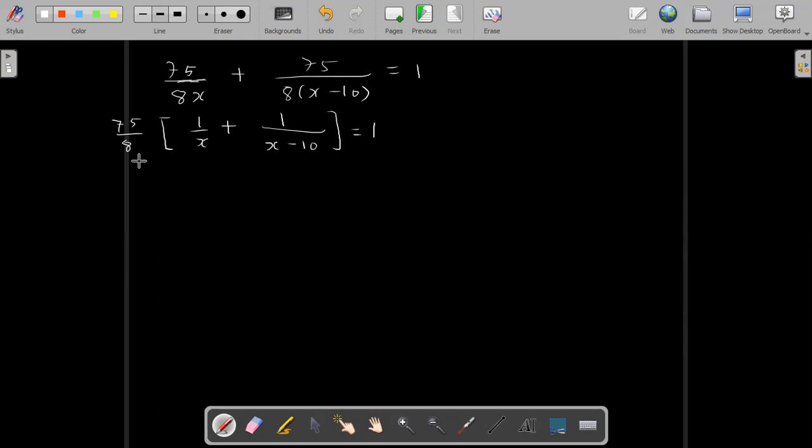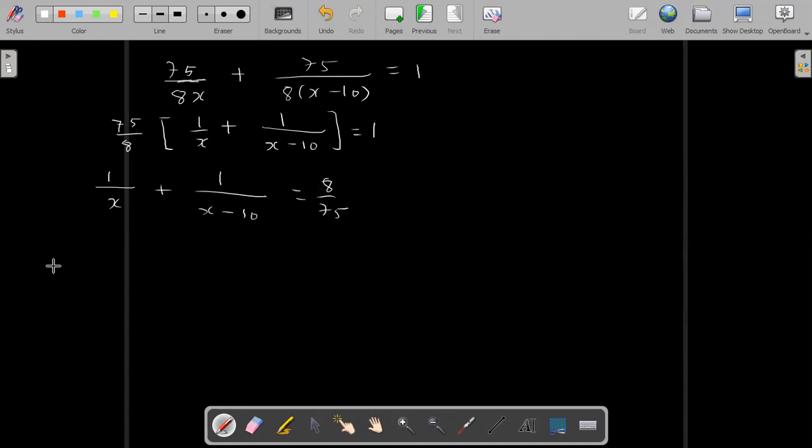And this 75 by 8, when you bring it to the right hand side, it will become 8 by 75. So 1 by x plus 1 by x minus 10 will be equal to 8 by 75.